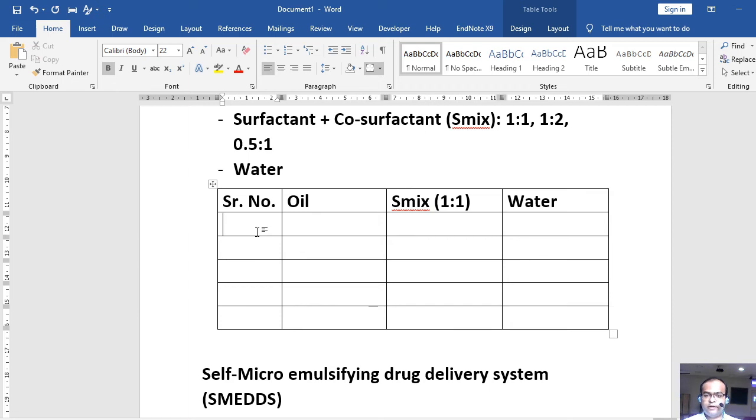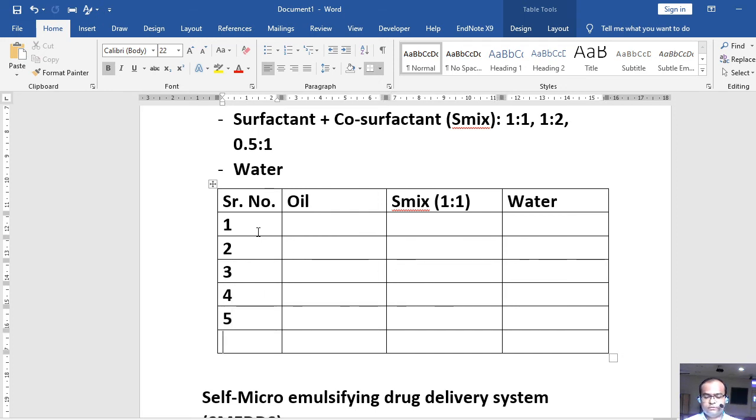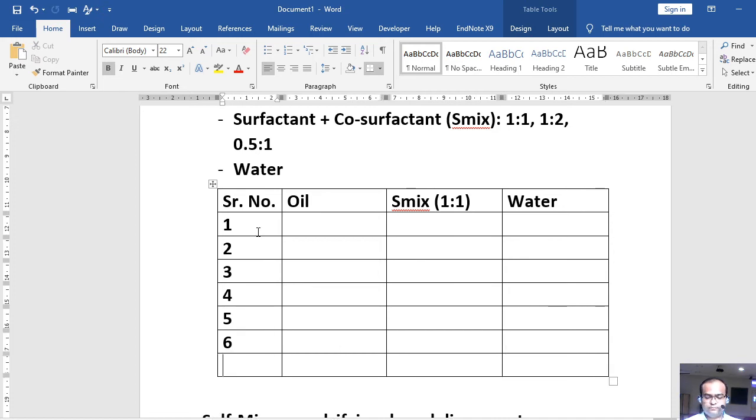So I will select that glass apparatus, and I will start experimenting with these test tubes, right? So I will take at least 10 or 9.